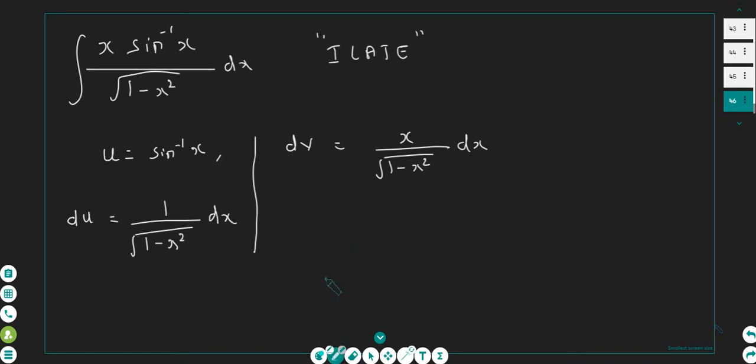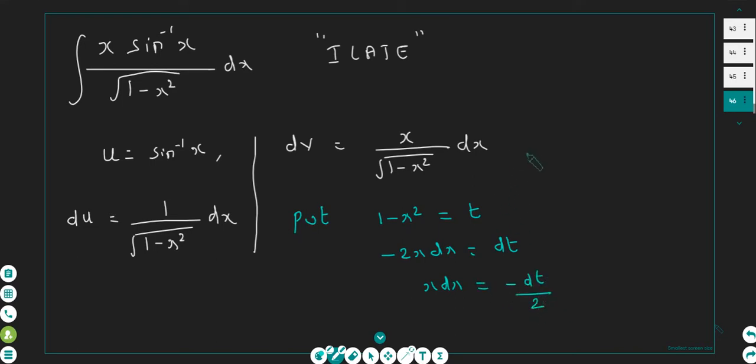So I put 1 minus x squared equal to t. I take the differentiation on both sides, that is negative 2x dx is equal to dt, which means I can separate x dx as minus dt by 2.